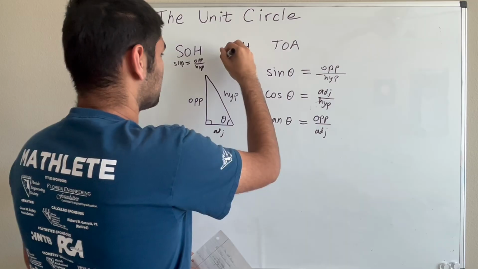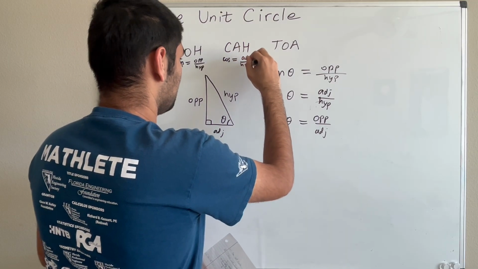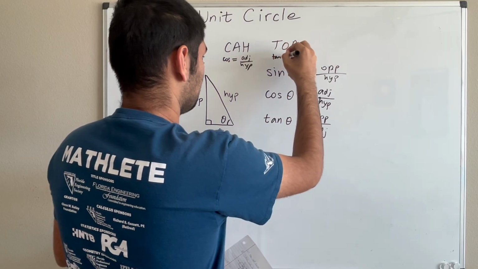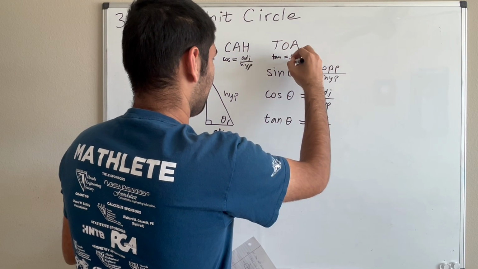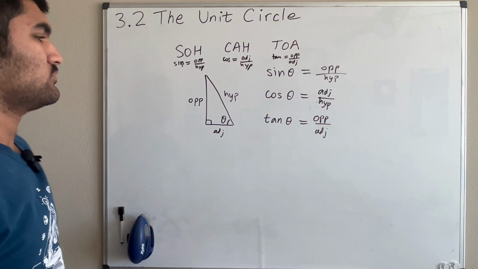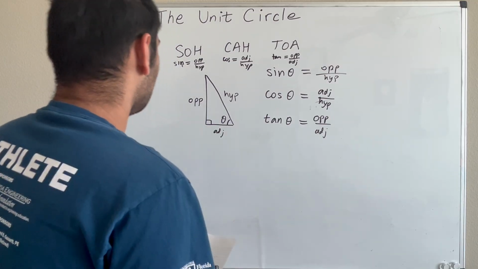And then C is cosine is equal to adjacent over hypotenuse. And then tangent is opposite over adjacent. Right? So this mnemonic can help us remember the three definitions, the three trig functions. Alright, cool.